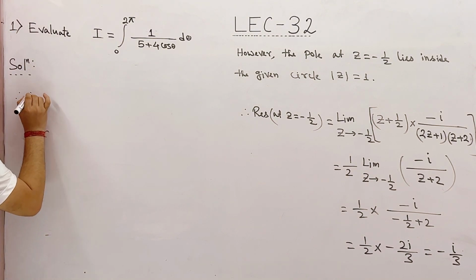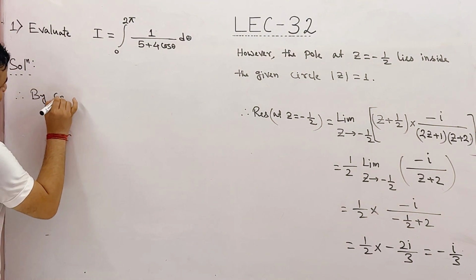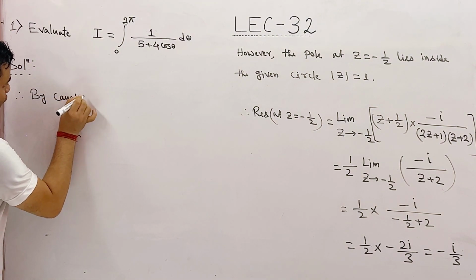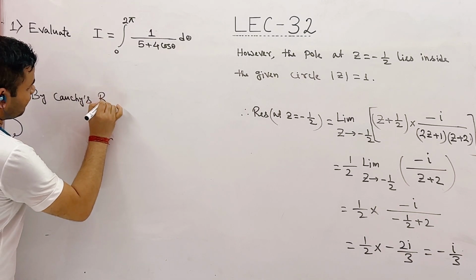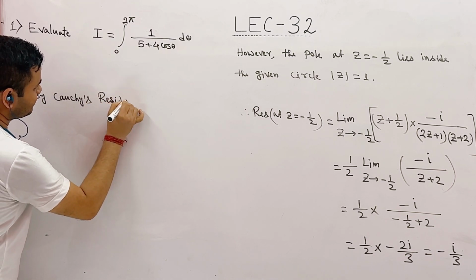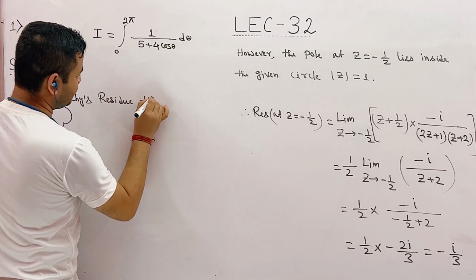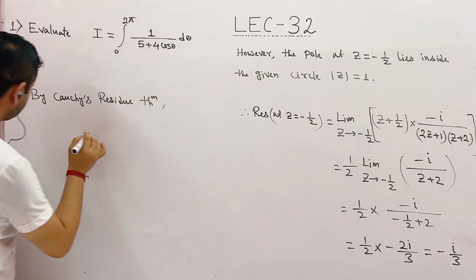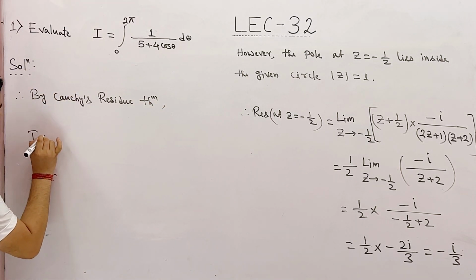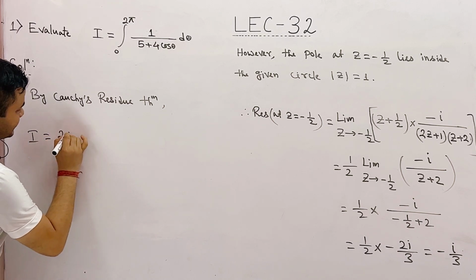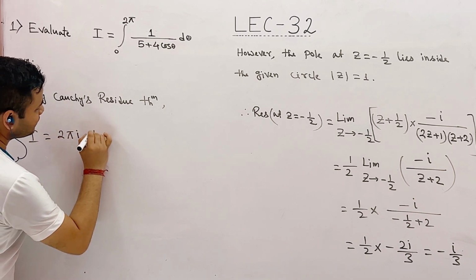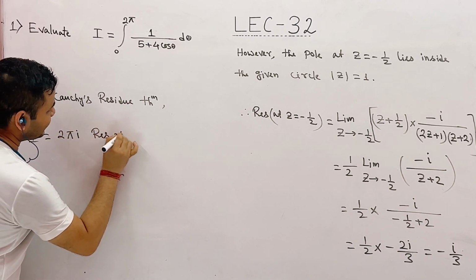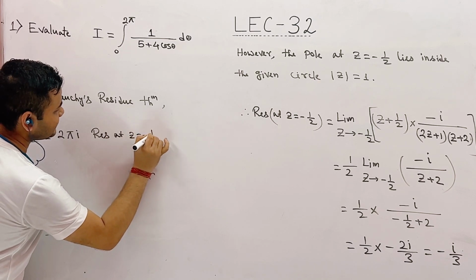So, by Cauchy's residue theorem, we have I is equal to 2πi into residue at z equal to minus half.